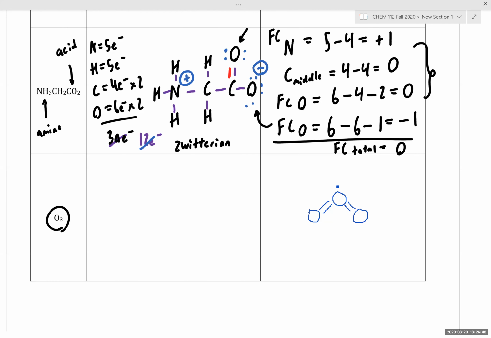The majority of the structure looks quite good, but we just need to adjust and account for the electron count and the total number of electrons in this structure.